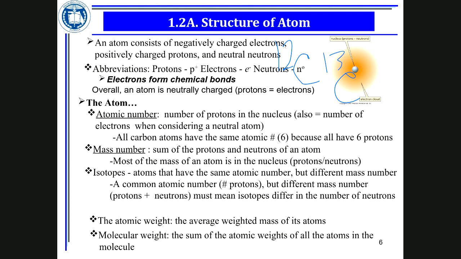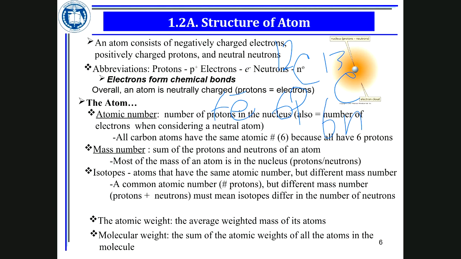Very good, yes. So we have 6. 6 was what for which one? 6 for all? If it's a carbon-12, then you have 6 electrons. Very good. You have 6 electrons, 6 protons, and 6 neutrons for carbon-12.